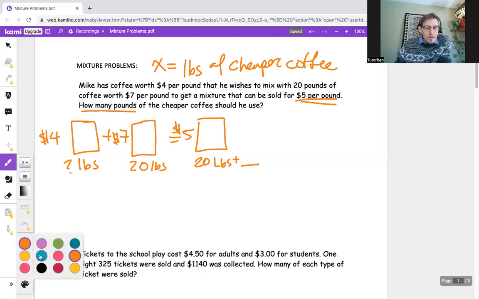Now, from our drawing here, we can piece together an equation. If x is the pounds of cheaper coffee, that's how much I need to add to 20 to get my $5 blend. So I know that x plus 20 is going to be my total blend.